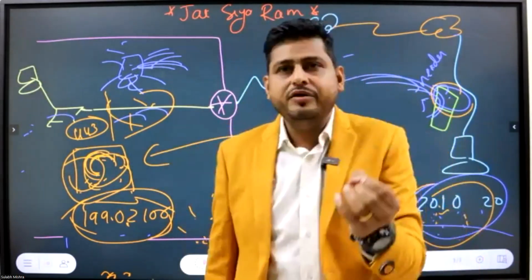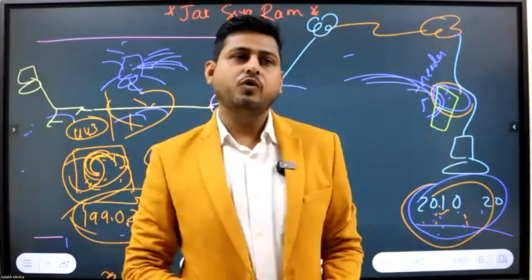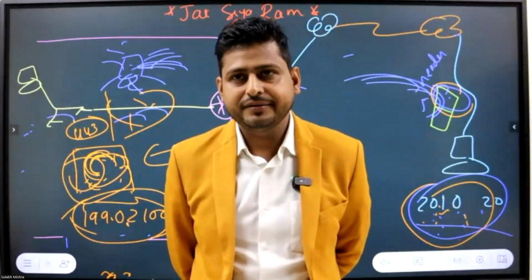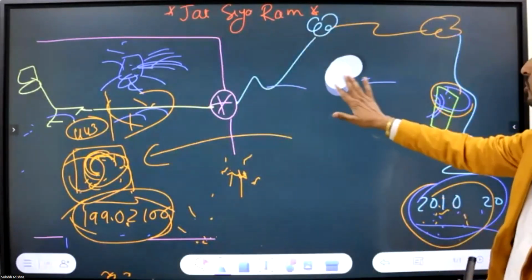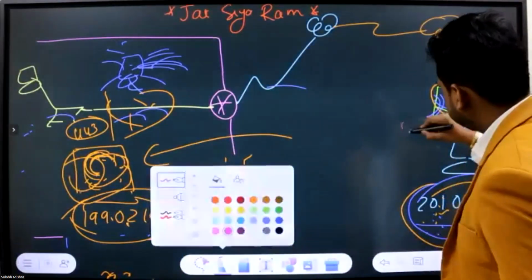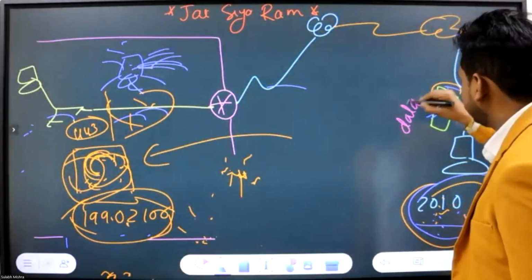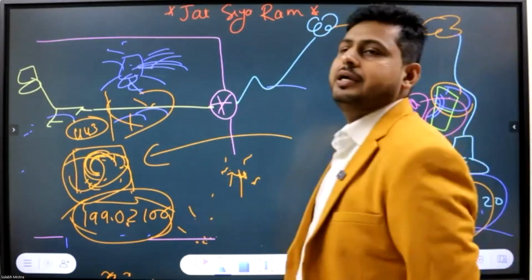Header means control information: from where the packet has come and where the packet has to go. That we call the header. And the other part is called data or payload. Data means the actual information that you're transferring.